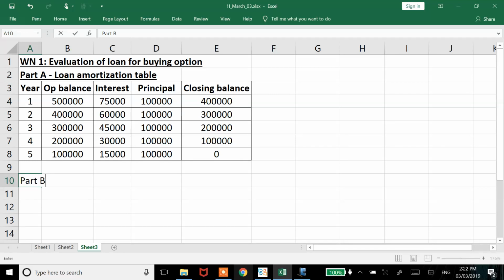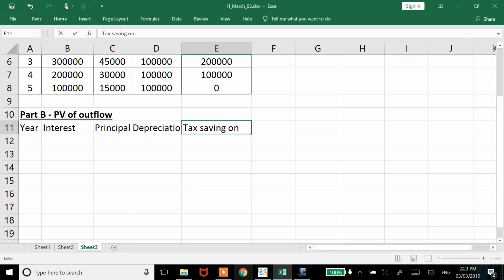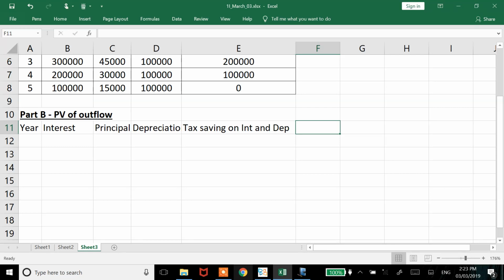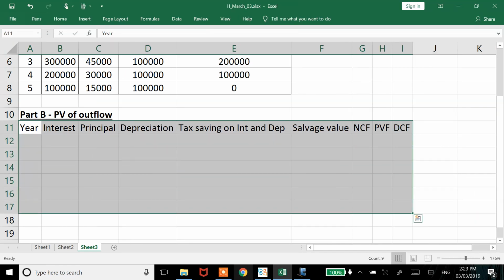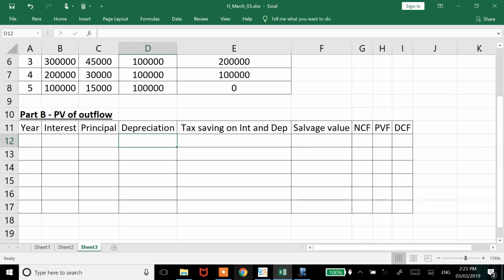Part B, PV of outflow. The structure remains the same: year, interest, principal, depreciation, tax saving on interest and depreciation, salvage value, NCF, PVF, DCF.